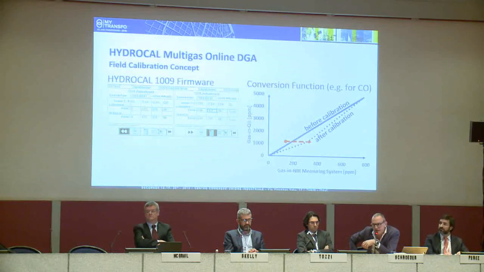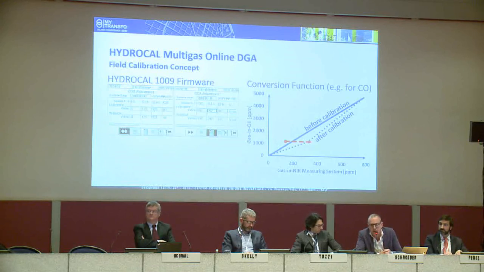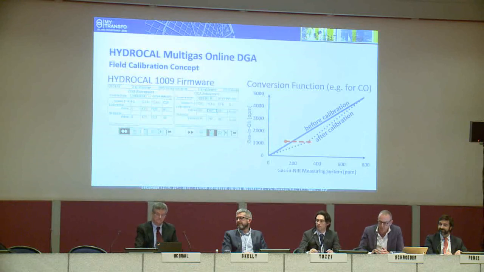And that makes the calibration very, very easy, although, and I fully agree with my colleague on the left side, normally infrared technology doesn't require regular calibration, but if for whatever reason you need to calibrate, you can do that in the devices very easily. Thank you.